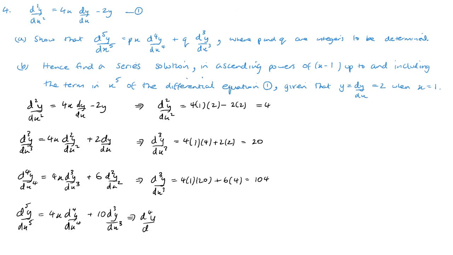So d4y by dx to the power 4 is 4 times 1 times 104 plus 10 times 20. So 416 plus 200, so 616.